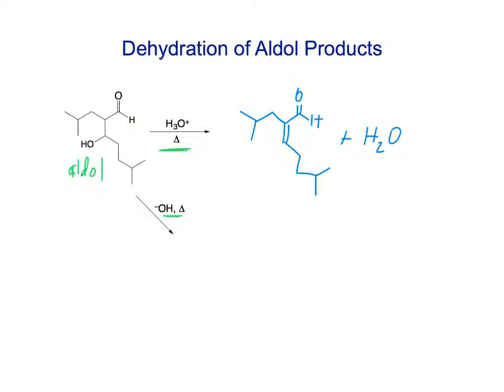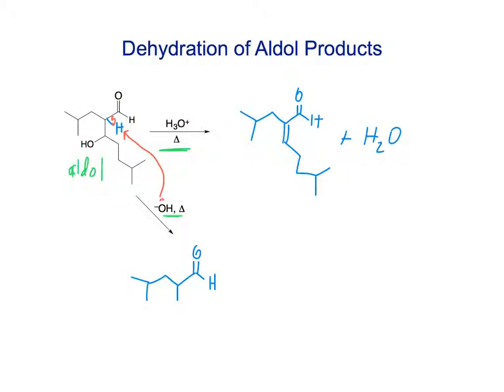Our book usually does it under basic conditions, and I want to show you how this happens. It gives the same product, but the actual order of steps is a little bit different than what we've seen before. In the first step, the base removes this proton, and it essentially forms an enolate at that position. Normal dehydrations usually can't do this because that position is not stabilized by any kind of resonance.